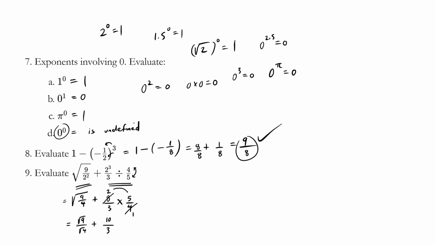So we know that this square root of 9 is 3, and this square root of 4 becomes a 2, so we're simply adding these fractions. Let's find a common denominator. Let's make it 6. 2 times 3 is 6, so 3 times 3 is 9. 3 times 2 is 6, 10 times 2 is 20. So adding across, our final answer is 29 over 6.